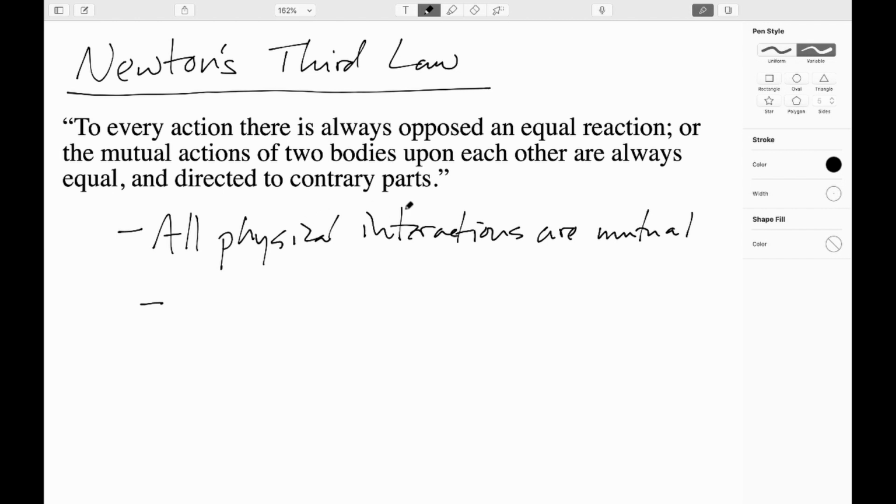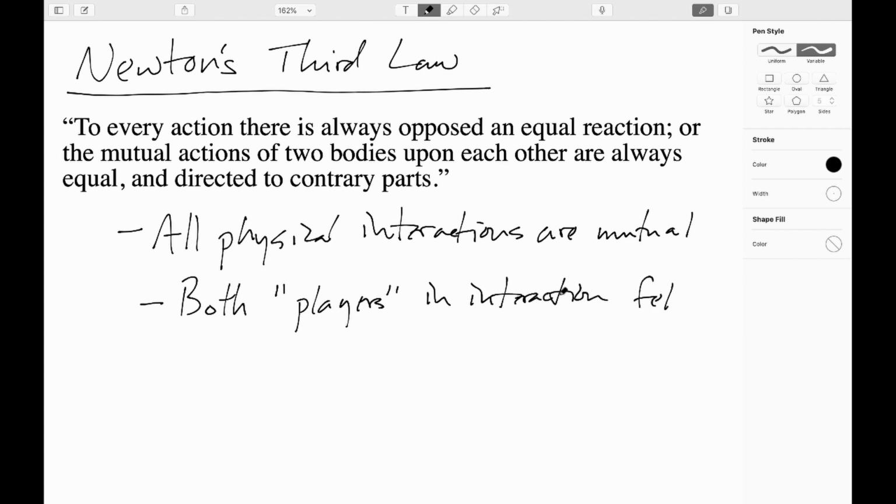The equal and directed to contrary parts. Nowadays we would say oppositely directed. So the way to think about this is that both players in the interaction will feel the same force in opposite directions.